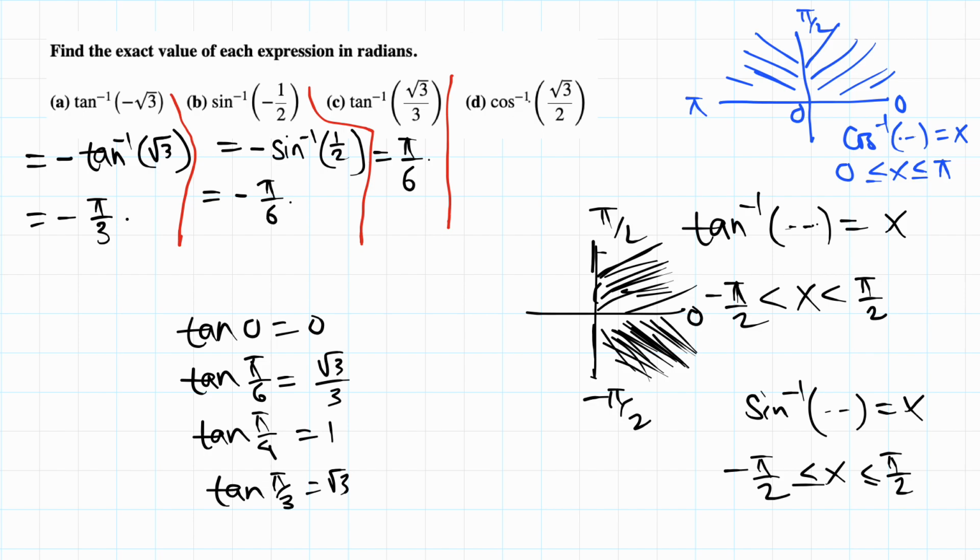In this case, cosine inverse of root 3 over 2 is a positive value, so our answer should be in the first quadrant. From the unit circle, we know that cosine of 30 degrees is root 3 over 2. Cosine of 60 would be 1/2. So cosine inverse of root 3 over 2 is simply pi over 6, final.